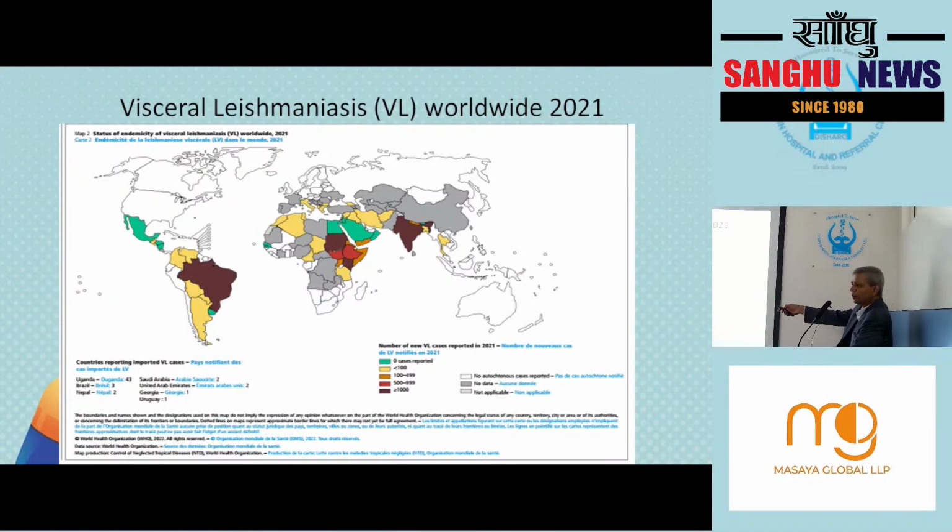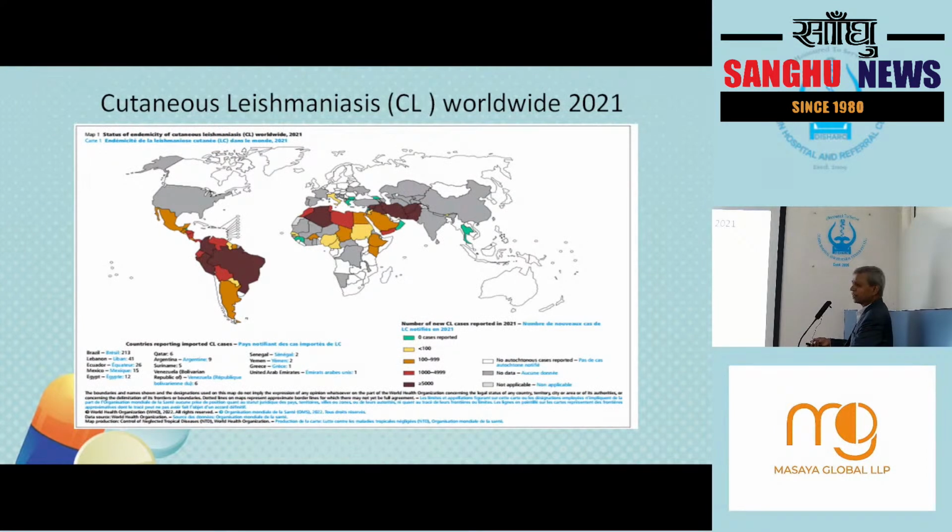Many countries have reported cases, but the numbers are small. In the WHO report for CL, we can see Iran, Afghanistan, and again Brazil. Our neighboring countries India and Nepal have very few cases.